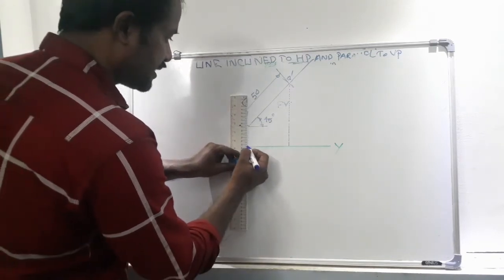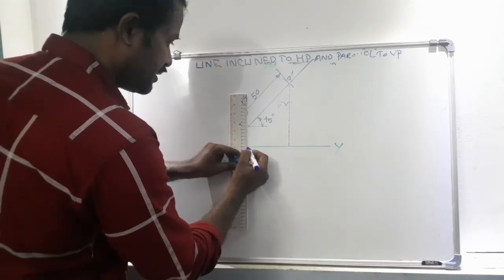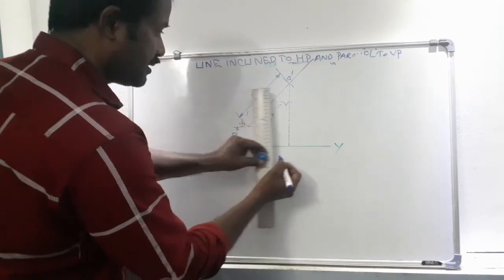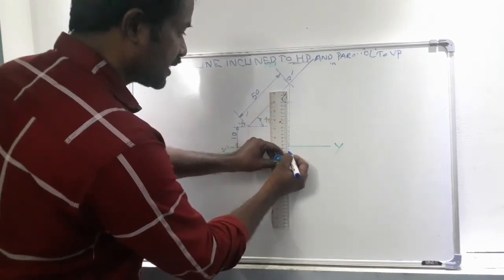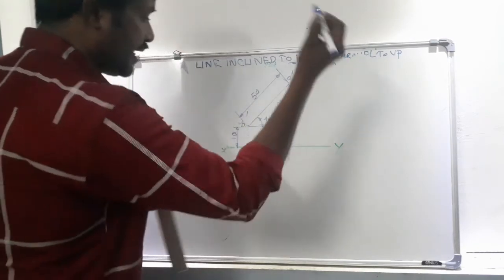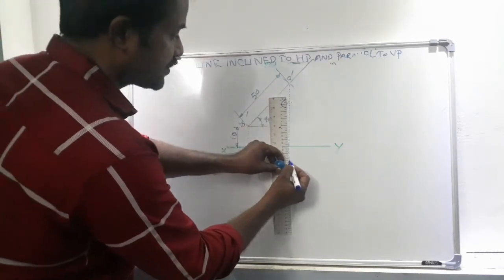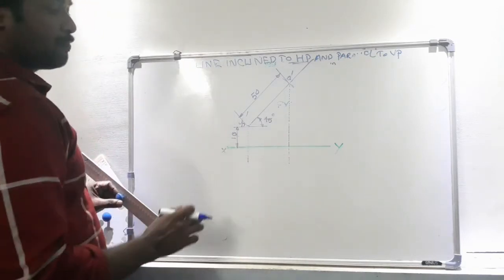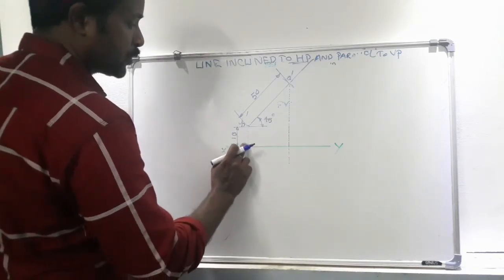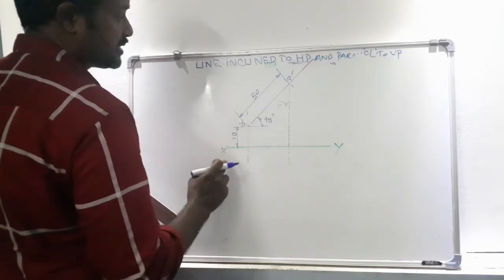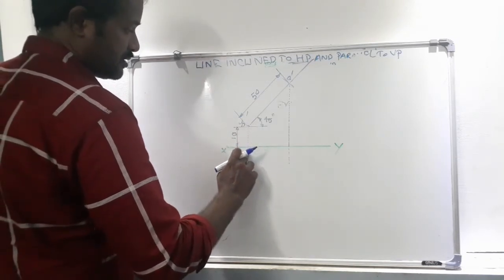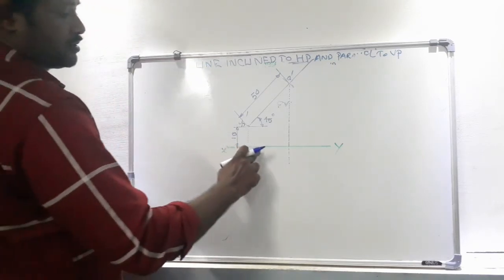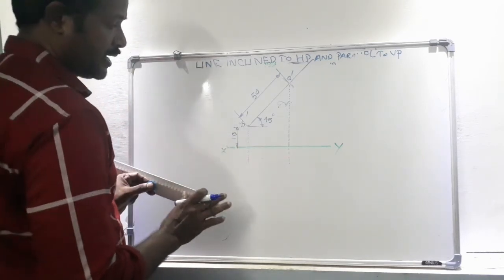Now we have to extend that line to a distance of 10 mm, because we know that our line AB is placed 10 mm in front of the vertical plane. So extend this projection line up to 10 mm below the XY line.